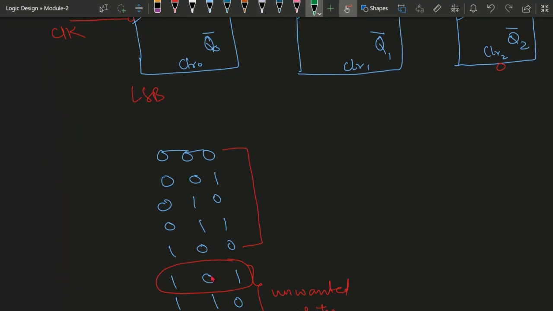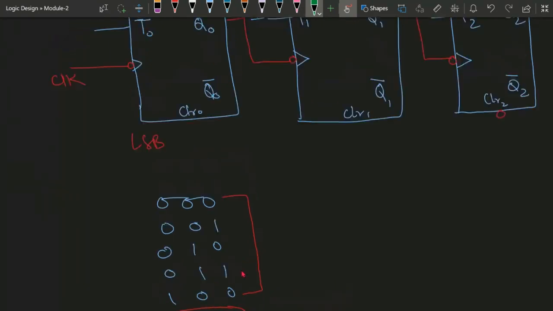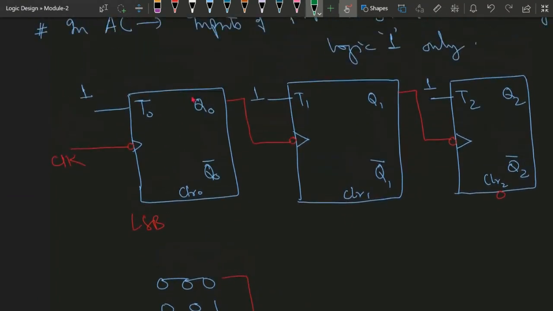As soon as it is going to switch to 5, at that time Q0 will be 1, Q1 will be 0, and Q2 will be 1. But this is an unwanted state. So Q0 and Q2, these two will be 1 at that time.